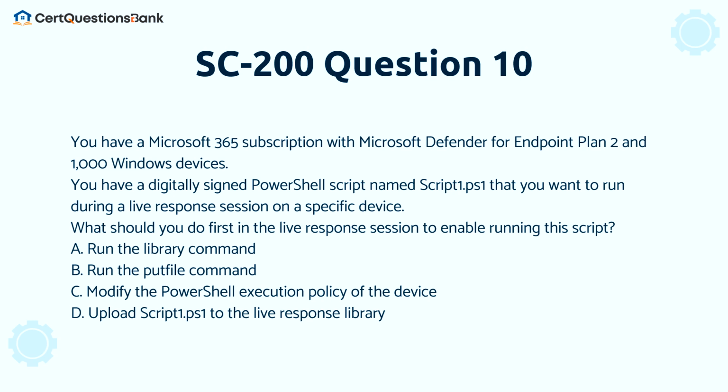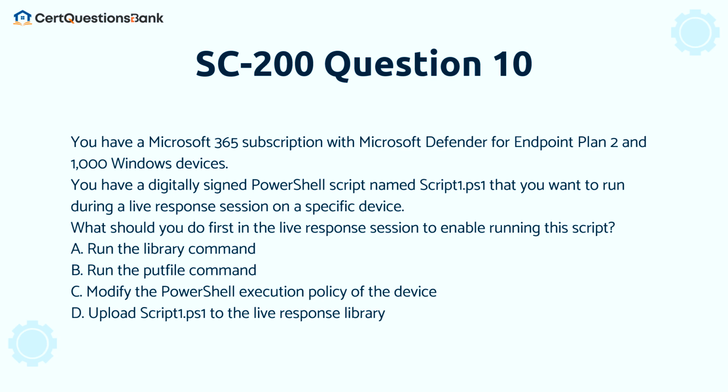You have a Microsoft 365 subscription with Microsoft Defender for Endpoint Plan 2 and 1000 Windows devices. You have a digitally signed PowerShell script named script1.ps1 that you want to run during a live response session on a specific device.